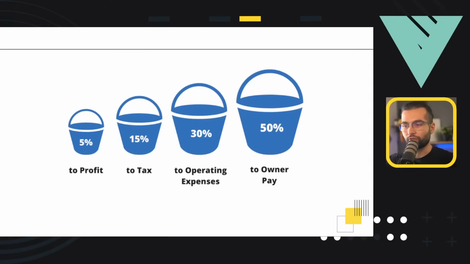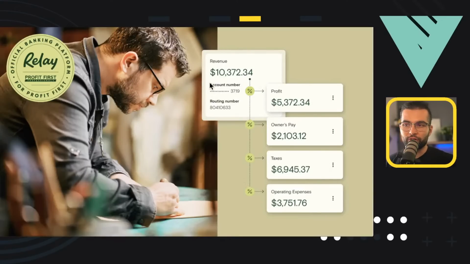The first step is you create separate bank accounts, and then twice a month you go ahead, check your revenue account, see how much you've got, and then based on a predefined percentage that you have set up for yourself, you distribute this amount through different smaller plate accounts. So that's the idea: instead of having one big plate where it's easy to spend everything, you have multiple smaller plates dedicated to a specific need.